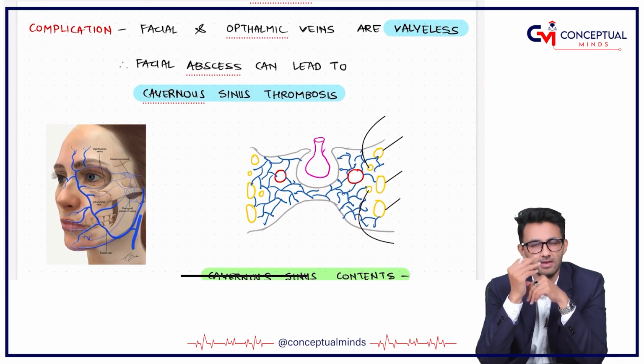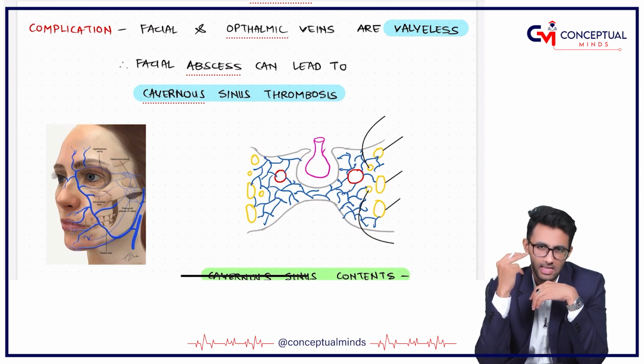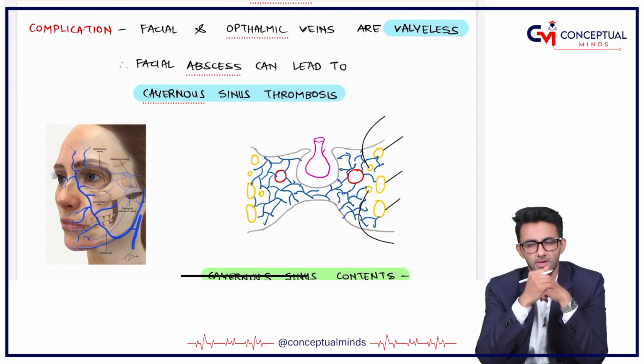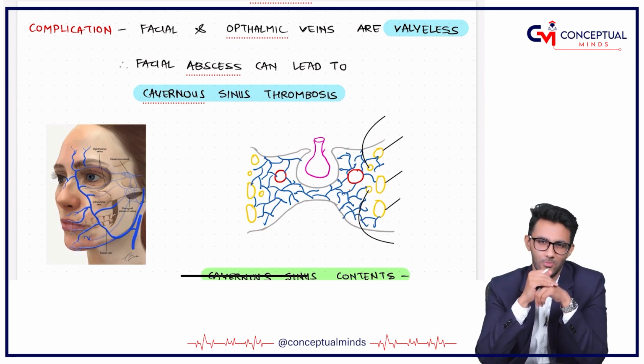If it is not taken care of, what's going to happen is, because the facial veins are valveless, this abscess can travel back through the veins and cause cavernous sinus thrombosis. So this is an anatomy link.